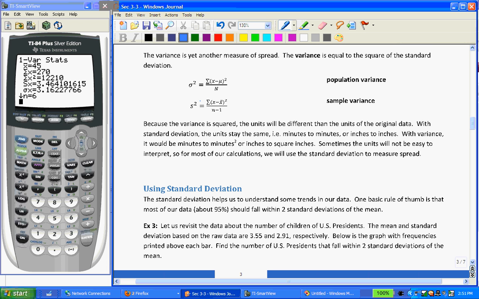So with standard deviation, the units end up staying the same since we square and then undo the square with the square root. So with standard deviation, you're comparing minutes to minutes, or inches to inches, or whatever the measurement happens to be. But with variance, because we don't take that square root, we would be comparing minutes to minutes square, or inches to square inches, and that's kind of hard to compare. So sometimes the units will not be easy to interpret, so for a lot of our calculations, we'll stick with standard deviation as a measure of spread.